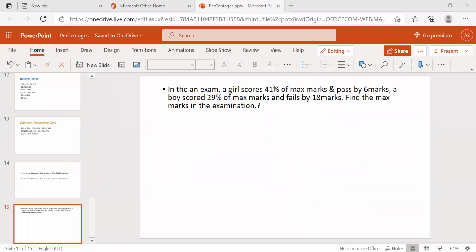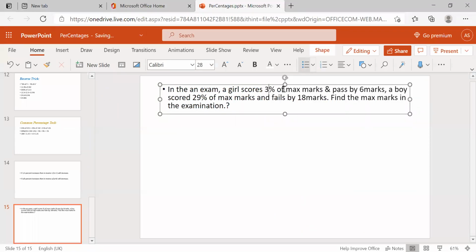In an examination, girls scored 39% marks and passed by 18 marks, and boys scored 23% and failed by 14 marks.